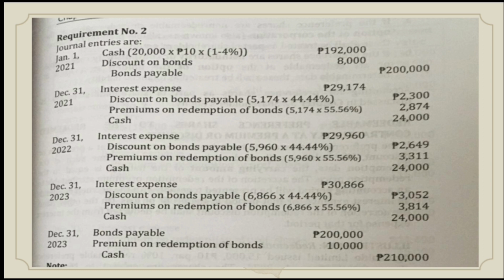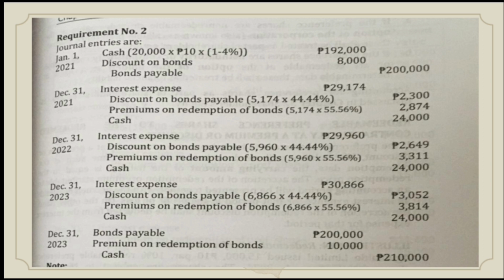So makuha na nimo siya by multiplying ang amortization nimo pagka December nga 5,174,000 times 44.44% rather. Mao ni ang imong ratio diri sa pro rata sa discount and premium sa ubos sa amortization table. So mao na ang nakuha sa discount on bonds payable na kay 2,300.